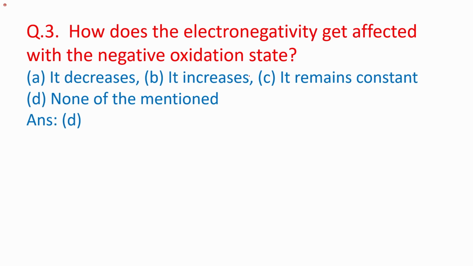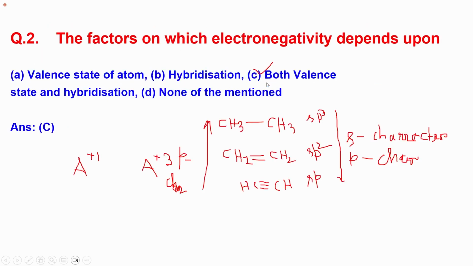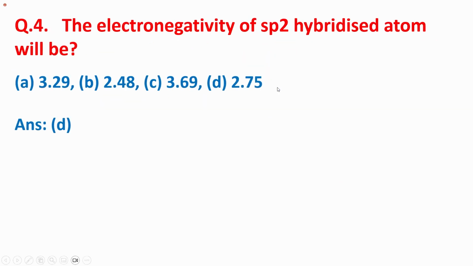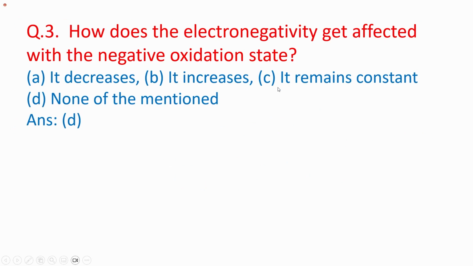In the previous example, where they asked about the electronegativity parameter, it depends on both valence state as well as the hybridization. Now we come to a conclusion that obviously valence state also matters, but it doesn't always depend on the negative oxidation state. So it decreases, increases, remains constant, or none of the above.